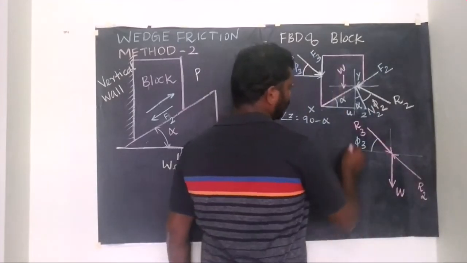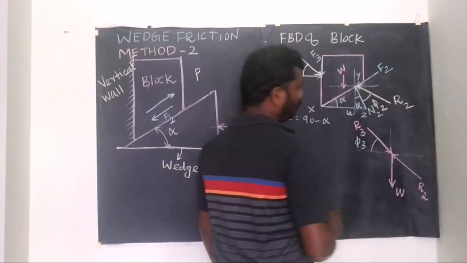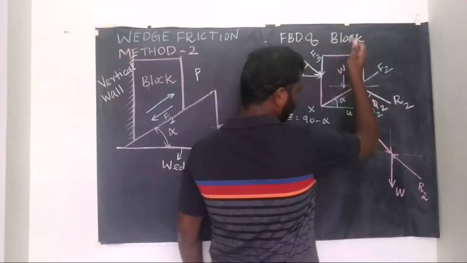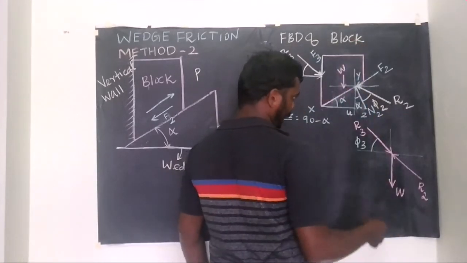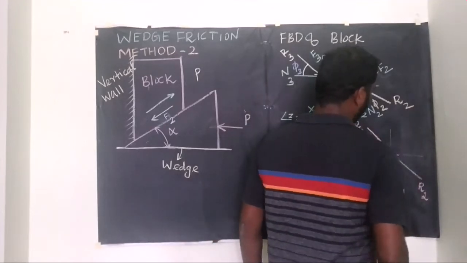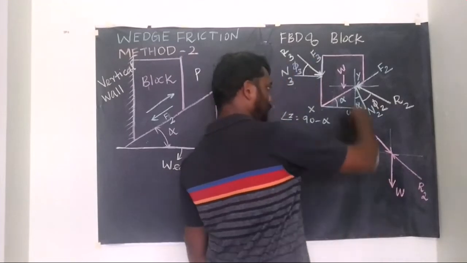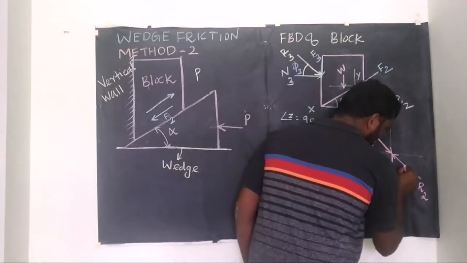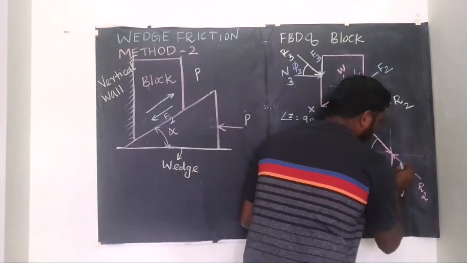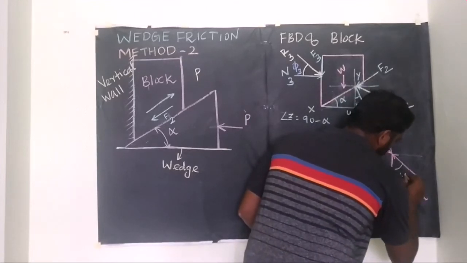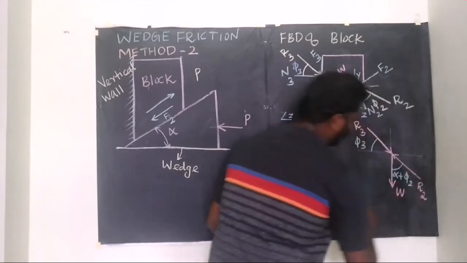This R2 makes an angle alpha plus pi/2 with the vertical line. I am repeating again: the resultant force R2 makes angle alpha plus pi/2 with the vertical line. So this angle is nothing but alpha plus pi/2.